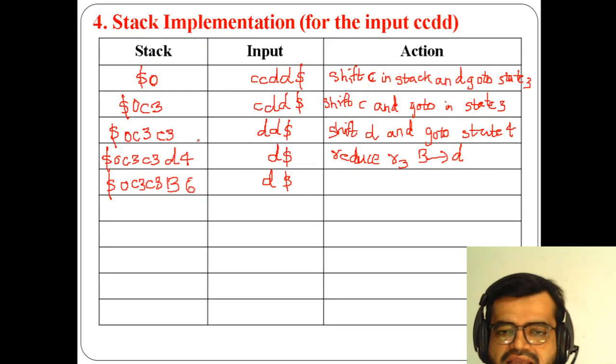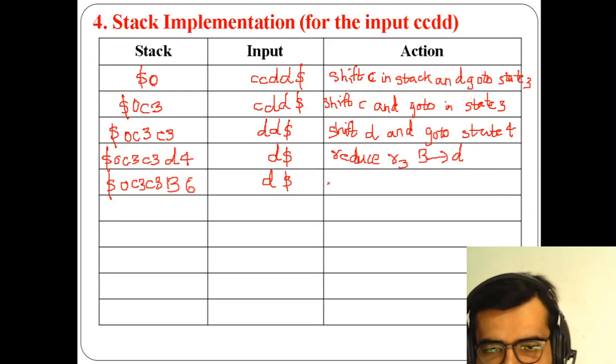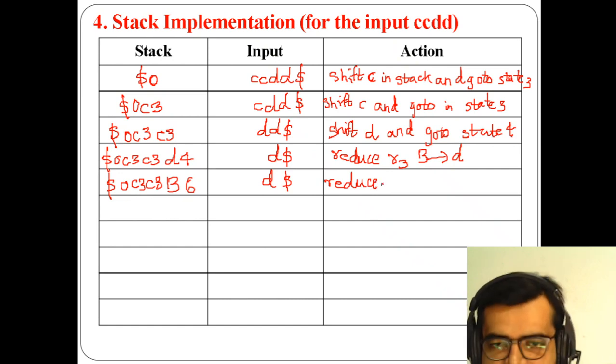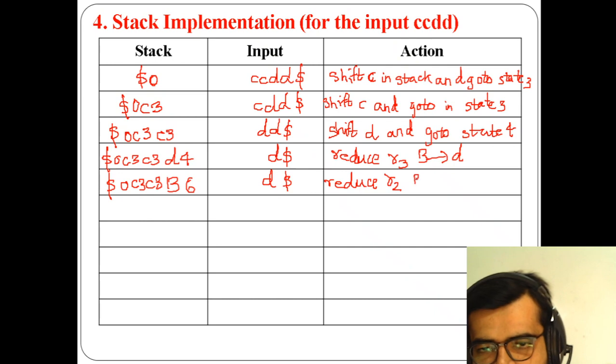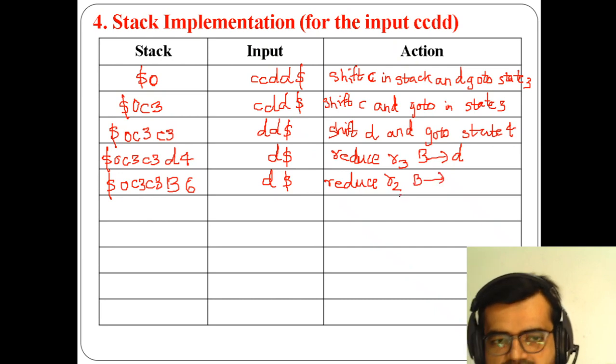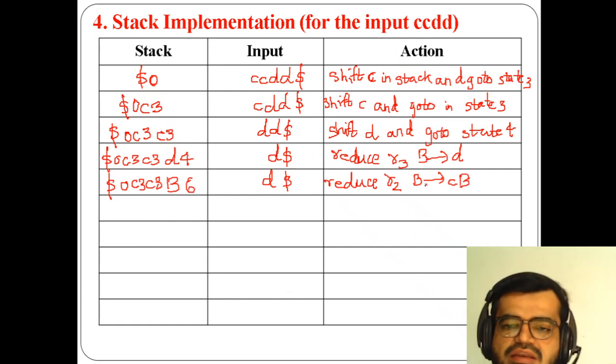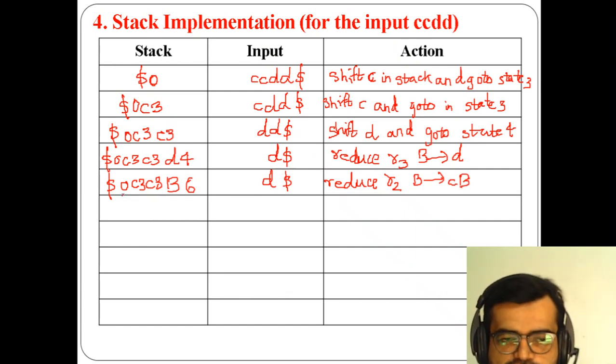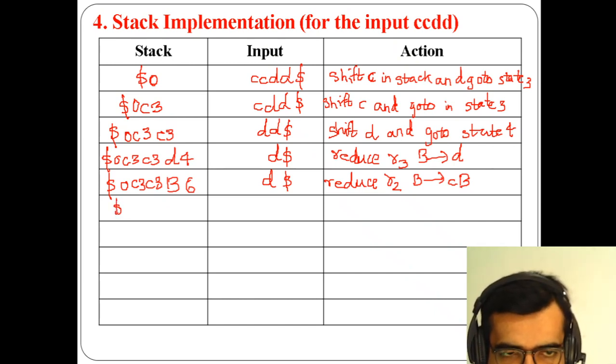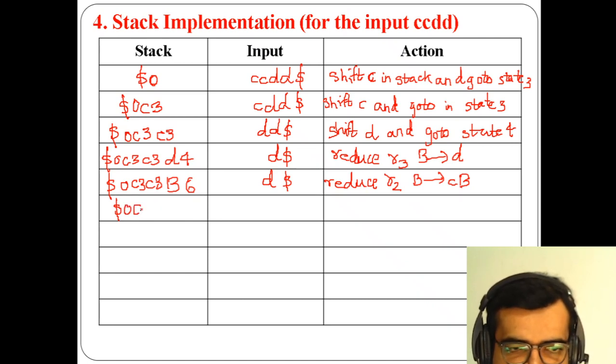So here I am performing the reduce operation, reduce R2, B goes to CB. So this small c capital B will be replaced with capital B. So in the next step, what is that? $0 C3.